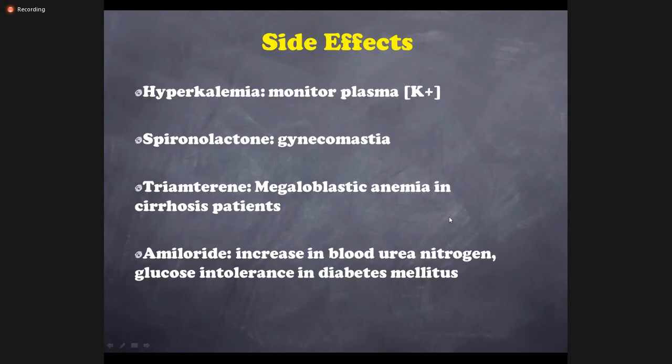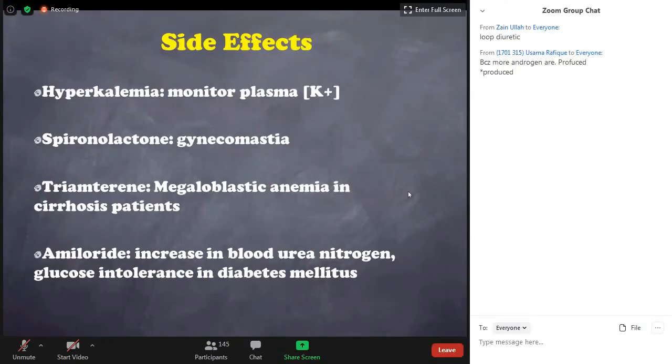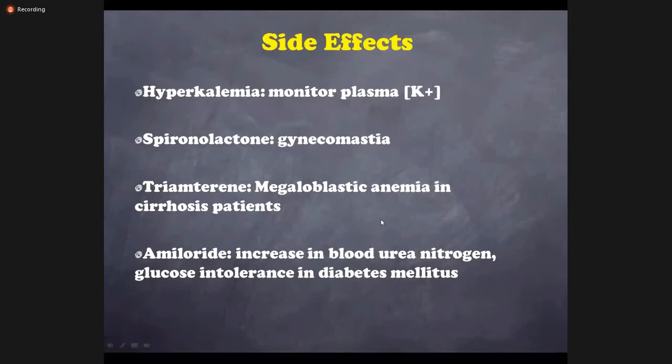So this is the reason for enlargement of breast and decreased libido. This is one of the questions that is asked in the exam, and this gynecomastia is due to anti-androgenic activity, right?